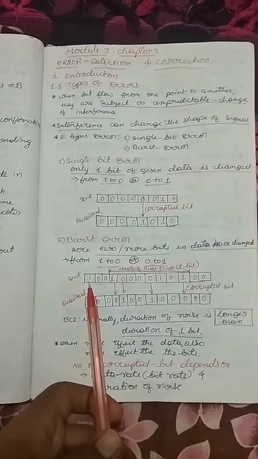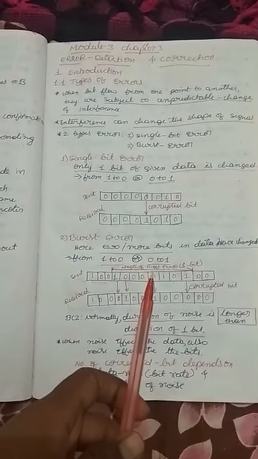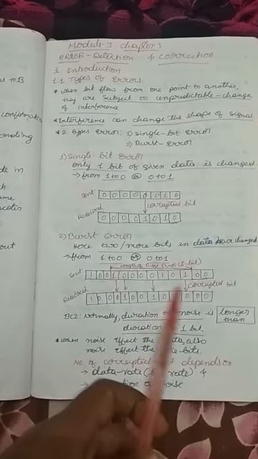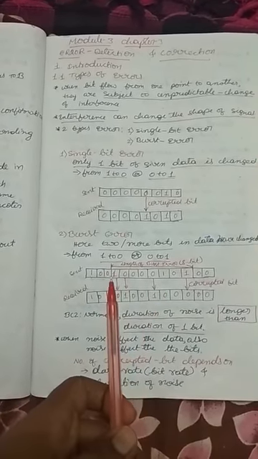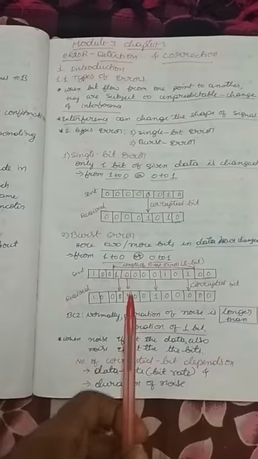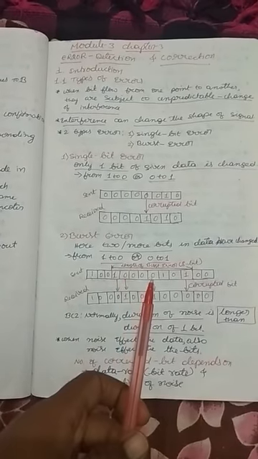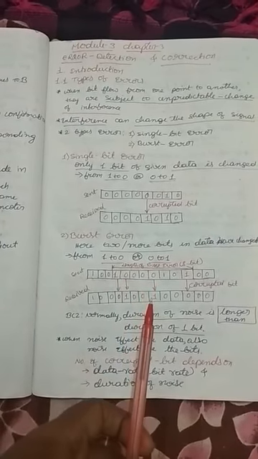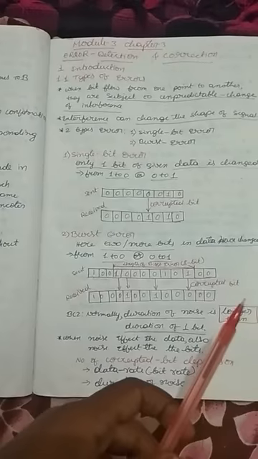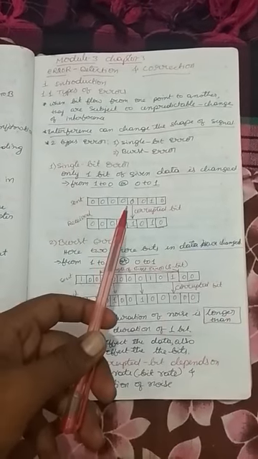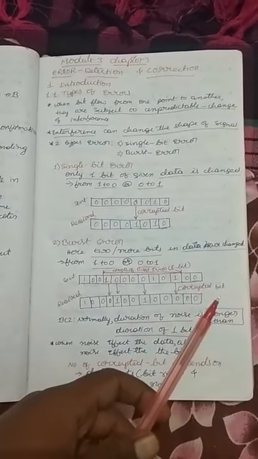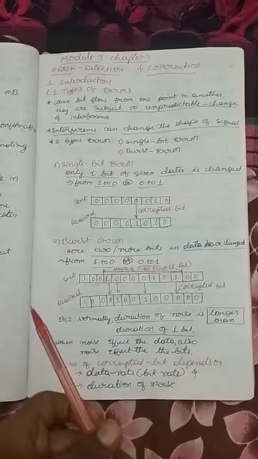Here you can see the length of the burst error, 8 bits. From here to here, 1 is changed to 0, 0 is changed to 1, here 0 is changed to 1, and here also 1 is changed to 0. These are corrupted bits. Here only one bit is corrupted, here more bits are corrupted.